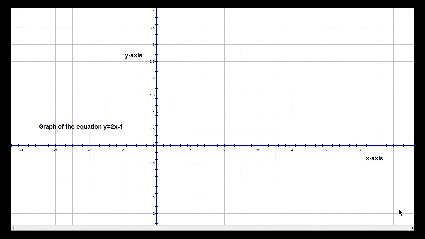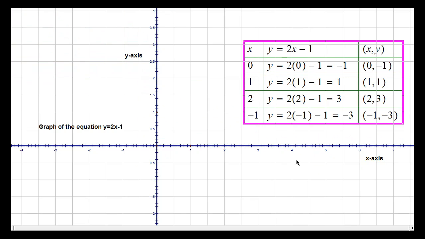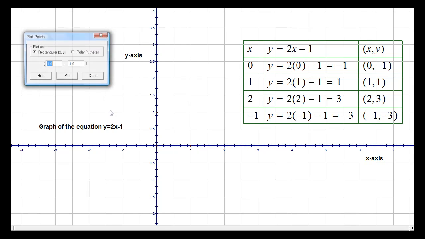Now here are the coordinate axes that you're familiar with, and we are going to plot the points that we had, and use those to sketch our line. So I am going to virtually plot those. My first point is (0, -1).